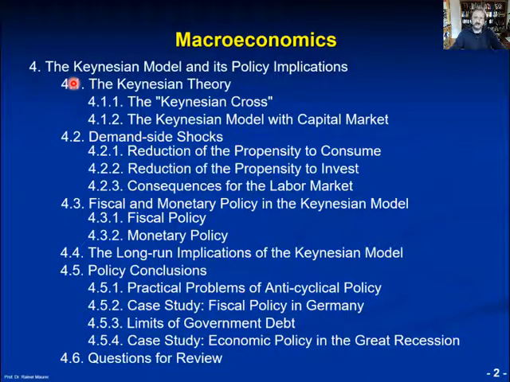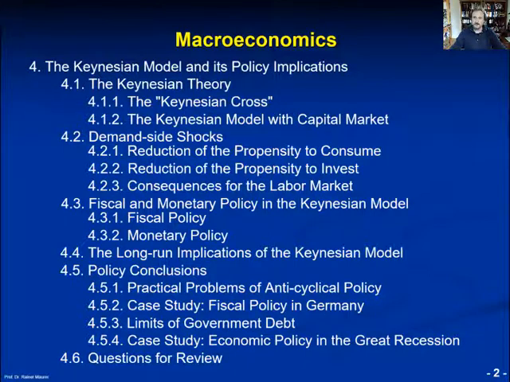We will then derive a graphical version of the Keynesian textbook model in the same way we did this for the neoclassical model. We will use this model to analyze the same type of shocks and policy measures in section 4.2 and 4.3 as we did under the assumptions of the neoclassical model.